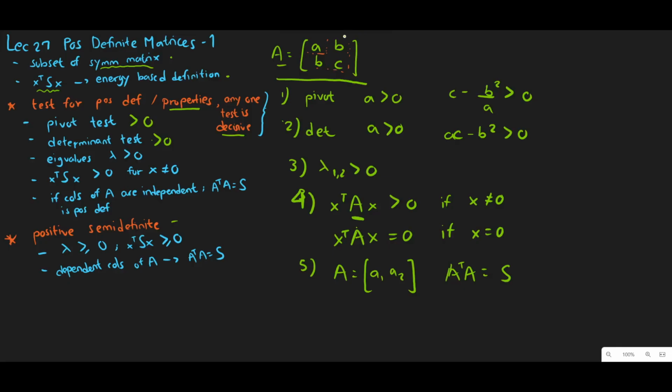It's kind of confusing here, so let me use a different letter. Let's just call this S. So you have the positive definite matrix here and you want to test it. You check the energy-based test, and if you have some matrix with independent columns, then A transpose A will be symmetric positive definite.